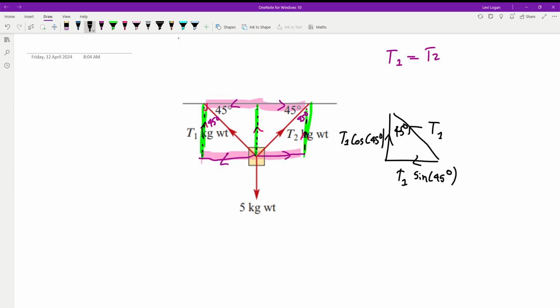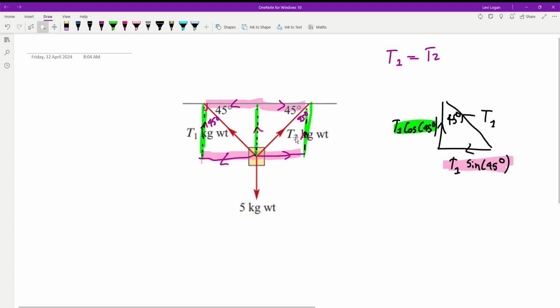This corresponds with the pink bit, that force there, and this force here on that respective triangle. If you did the exact same thing on the other side, you would work out that this is T2 cos of 45 degrees, and this is T2 sine of 45 degrees.